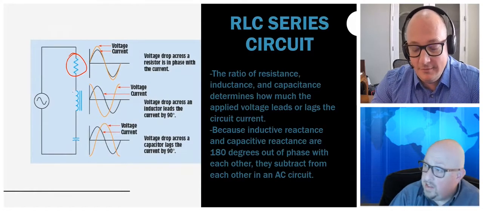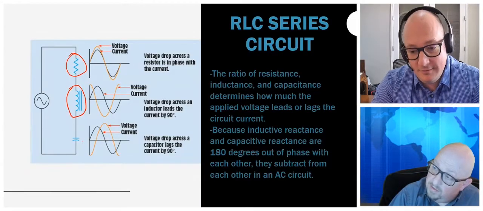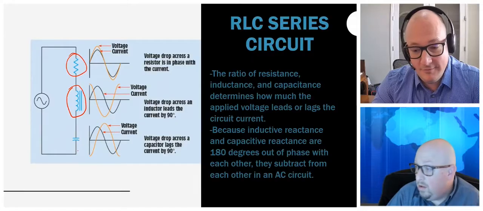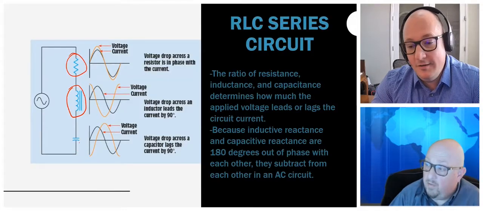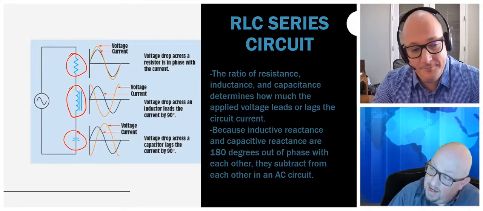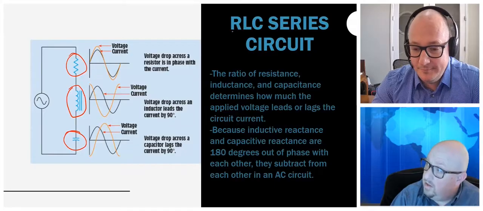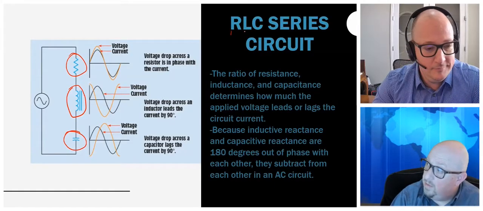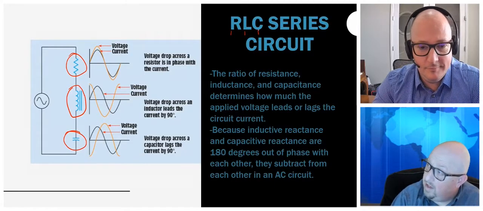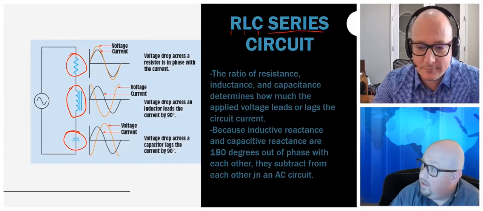Okay, I got a space heater, and now I've got an exhaust fan, a fan motor, a transformer, some kind of wound coiled product, and then I have a capacitor. So you're going to tell me that my RLC is going to be a resistive, inductive, and capacitive circuit in a series.